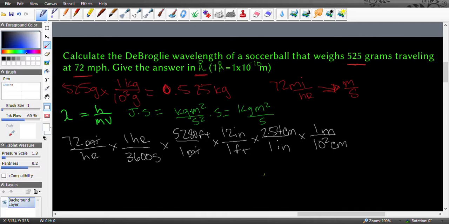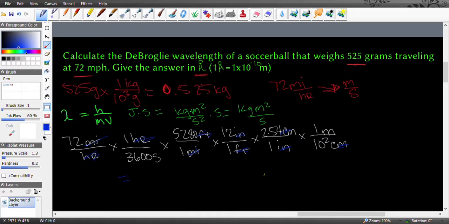Miles, and for some reason, miles, hours, feet, inches, centimeters, meters per second. Cool. Doing the math real quick because somebody didn't plan ahead.